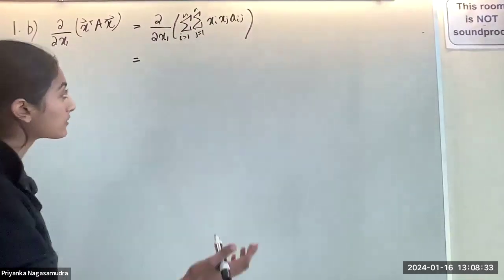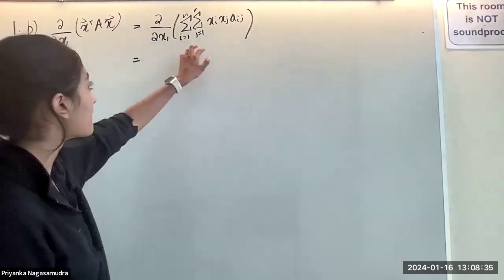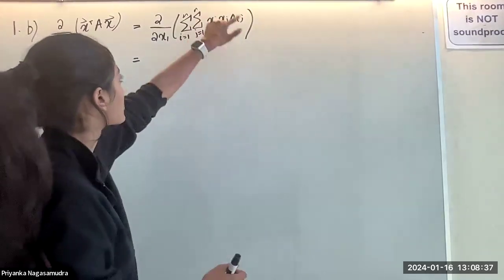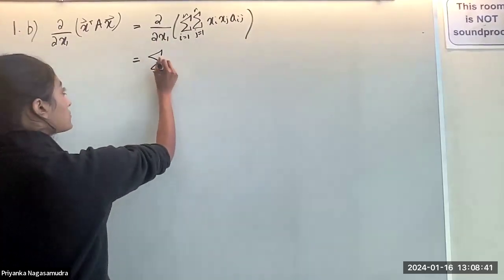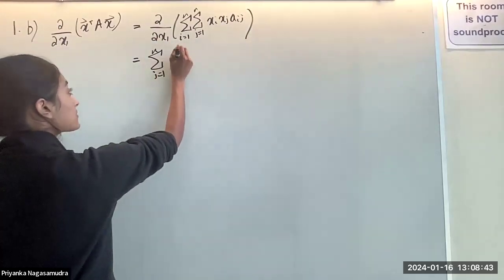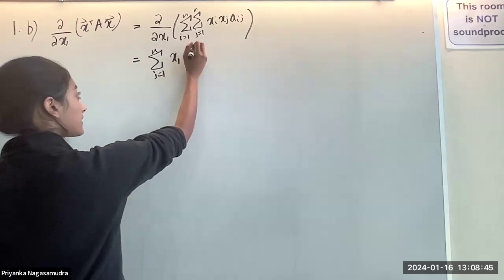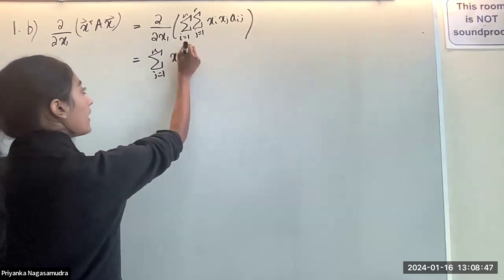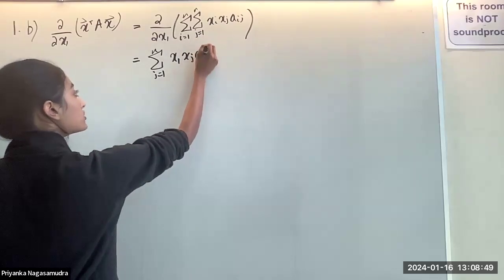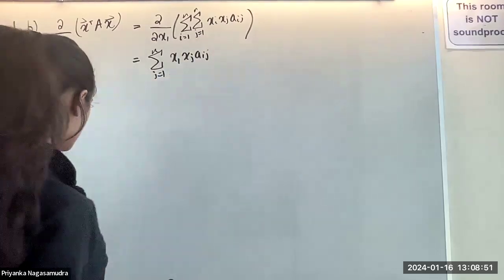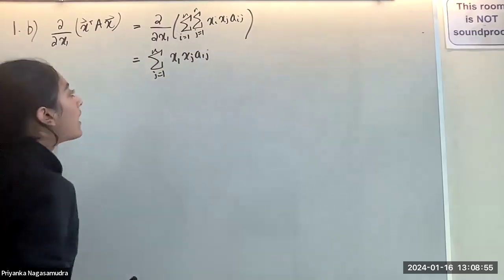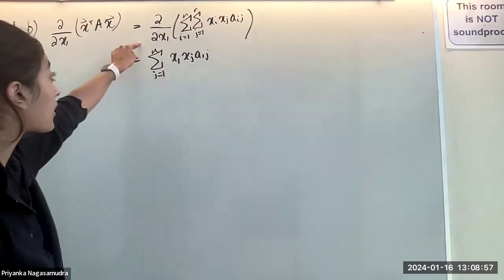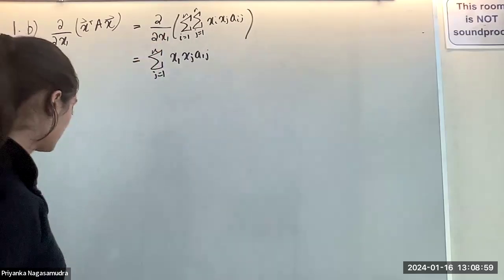So if i equals 1, then we have this internal summation with j equals 1 to n of x1 times xj aij. We know i equals 1, so that'll be a1j. But we're taking the partial with respect to x1.